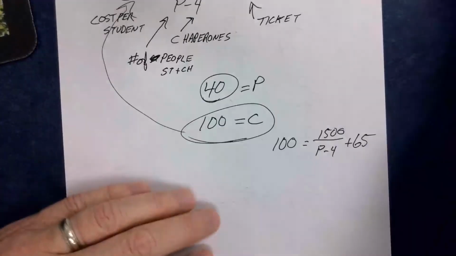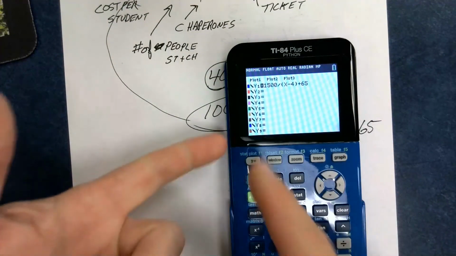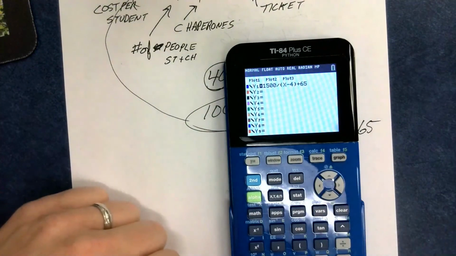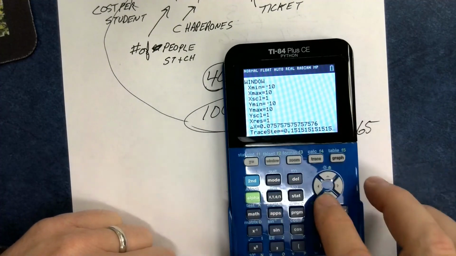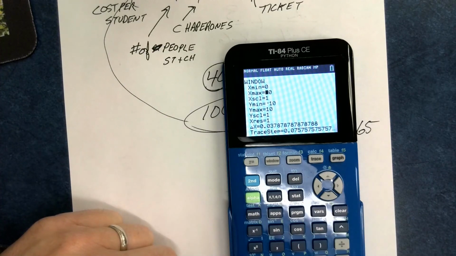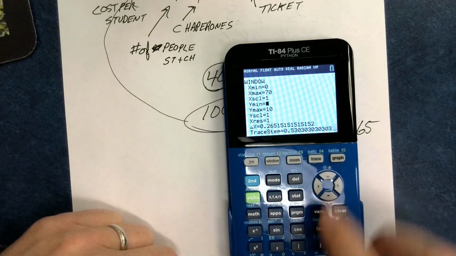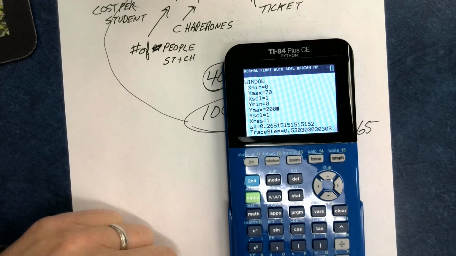Or, for those of you who are starting to get good at these, we go to y equals and say, well, y is the cost. I'm going to put 100 into there. I'm going to get a window that makes sense. So 0 students to, let's say, 70 students on the bus, and 0 cost up to $200 in cost, because 100 is right in the middle of there.